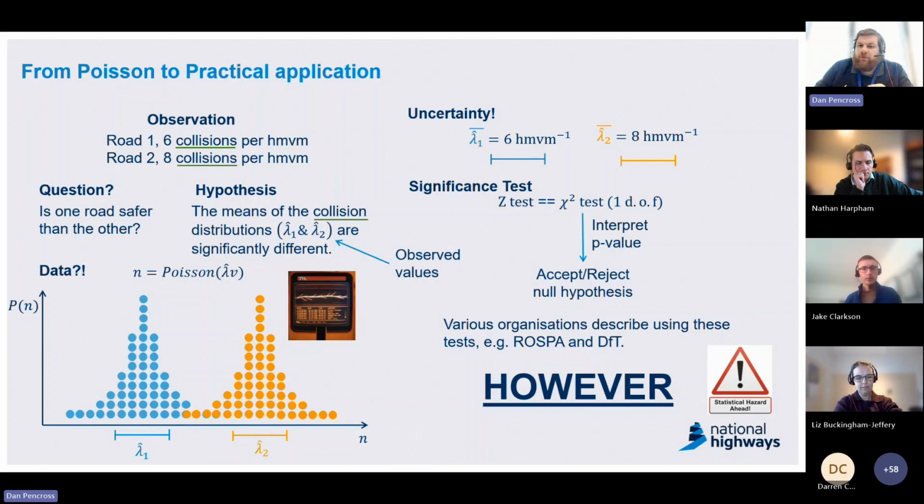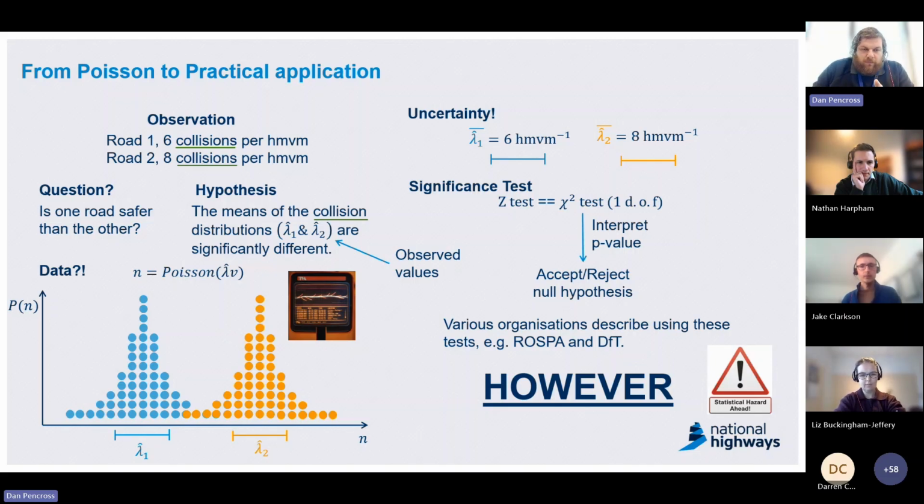So from that, we formulate a question. The question is: is one road safer than the other? Because we can't really tell that, as was highlighted, just by looking at those values. And so with that question, we formulate our hypothesis, and that is that the means of the collision distributions, which we've just been shown, are significantly different.